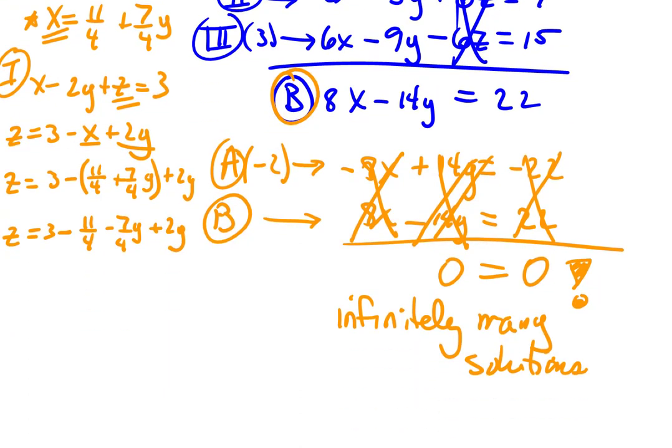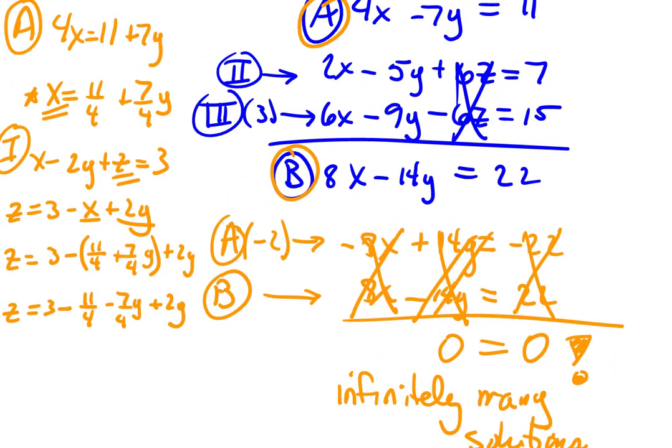It's kind of crazy to put all this together, but we now have x solved in terms of y. We have z, but let's clean this up a little more in terms of the arithmetic. Z equals 3 minus 11 fourths. Well, 3 with a common denominator would really be 12 fourths, so 12 fourths minus 11 fourths would be 1 fourth.